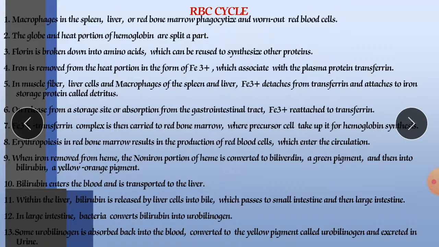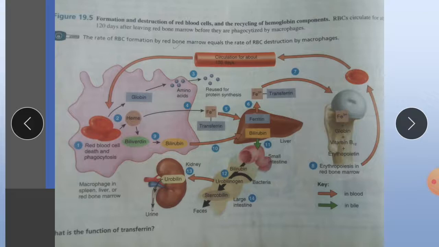The Fe3+ transferrin complex is then carried to the red bone marrow, where the precursor cells take it for hemoglobin synthesis. Here you can see, again it will combine with the transferrin, the transporter of iron, Fe3+, and go back toward the red bone marrow.